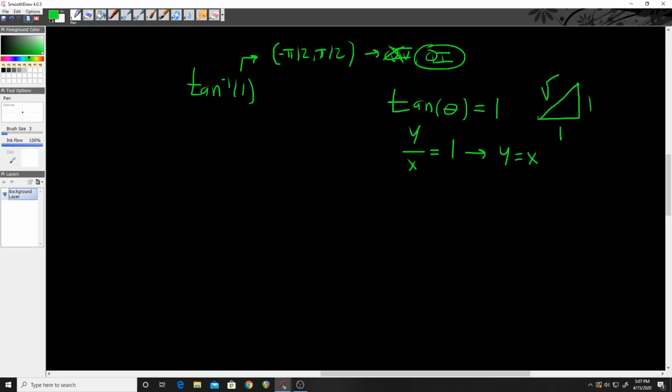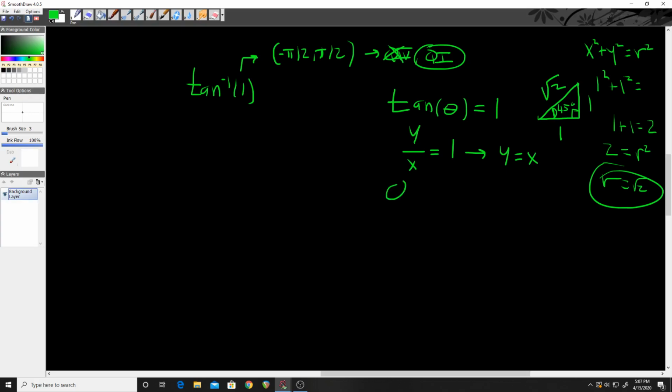That means this one has to be square root of 2 if we use Pythagorean theorem, right? 1 squared plus 1 squared is 1 plus 1, which is 2. 2 is r squared, so r has to be square root of 2. That's the 45, 45, 90. So here's 45 degrees. Here's 90 degrees over here. So then the angle has to be 45 degrees, or pi over 4. And that problem is finished.